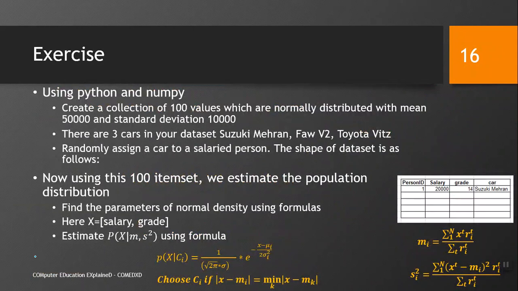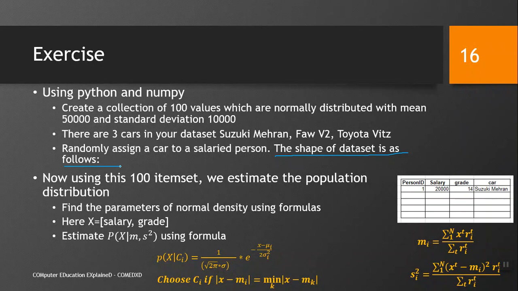Now we come toward an exercise. Using Python and NumPy, you have to create a collection of 100 values which are normally distributed with mean 50,000 and standard deviation 10,000. There are 3 types of cars in your data set: Suzuki Mehran, V2 and Toyota Vitz. You have to randomly assign a car to a salaried person. The shape of the data set is as follows, and interestingly you will keep a balanced data set, right.